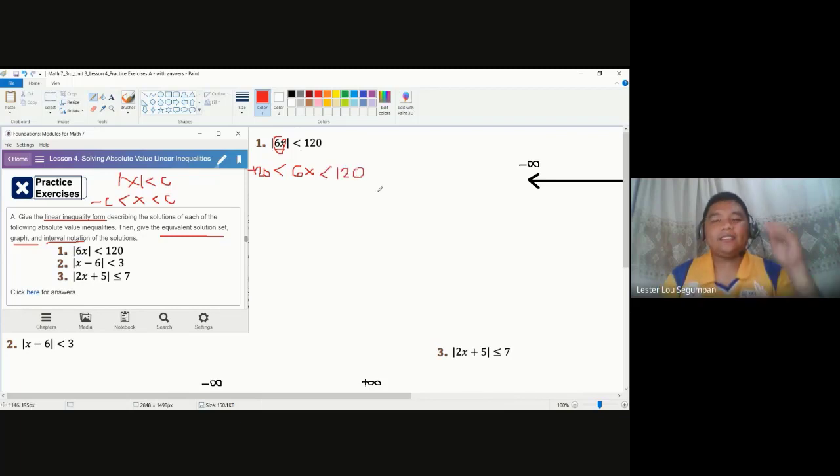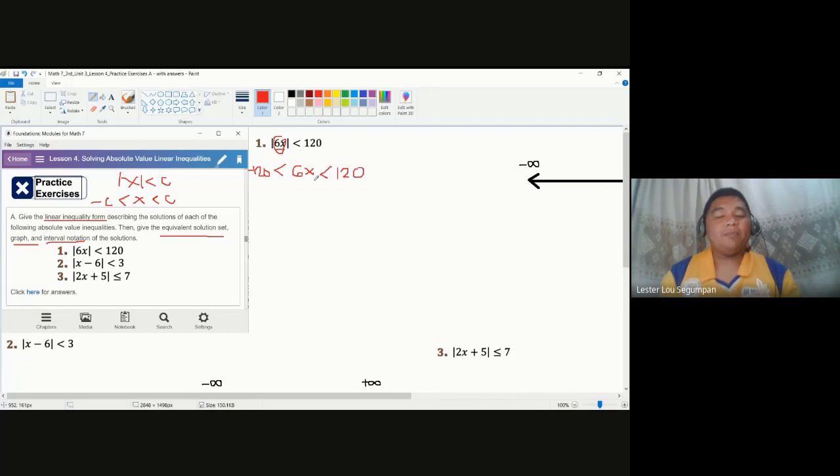That is the application of the general form, following the concept that it should be the whole quantity of the absolute value notation, not just the variable itself. Take note of that. So we have this expression right now. In the previous video, specifically in practice exercise A, as soon as we applied the general form, we were okay already.